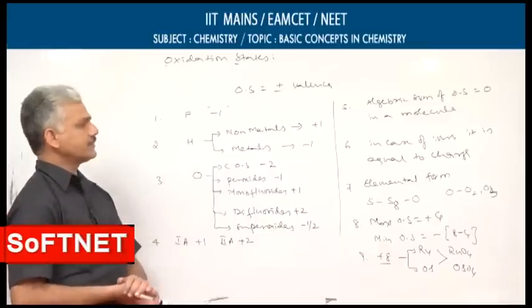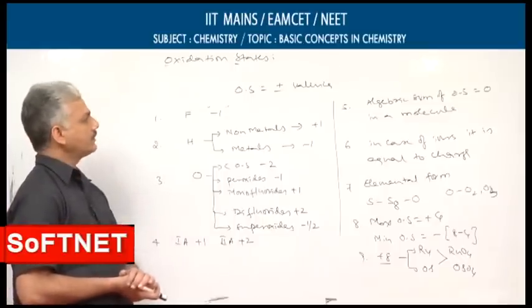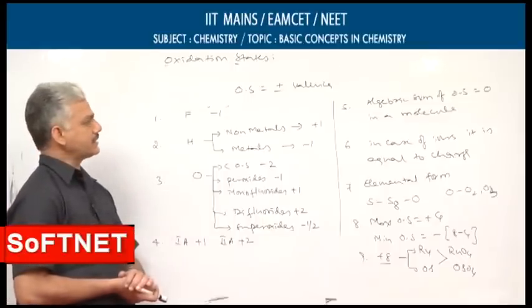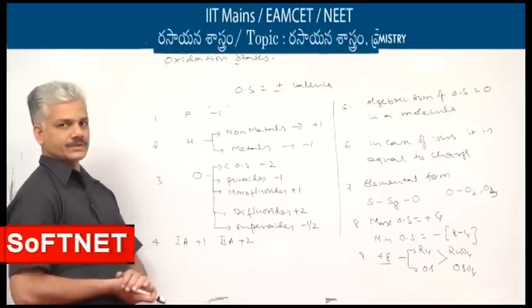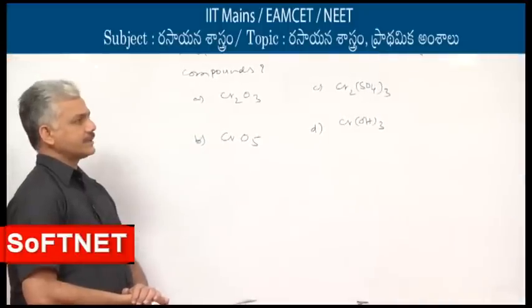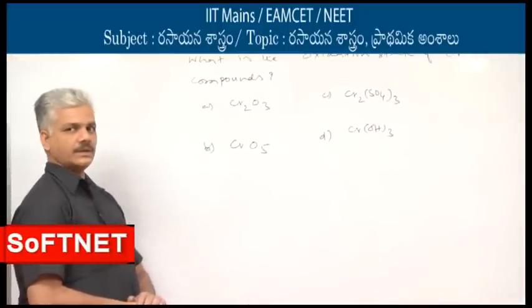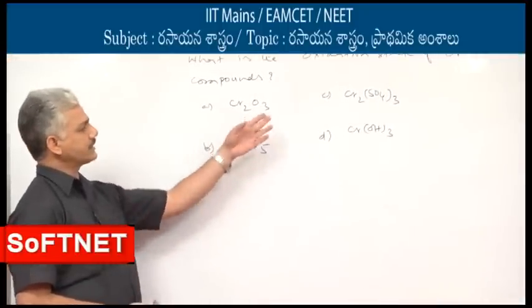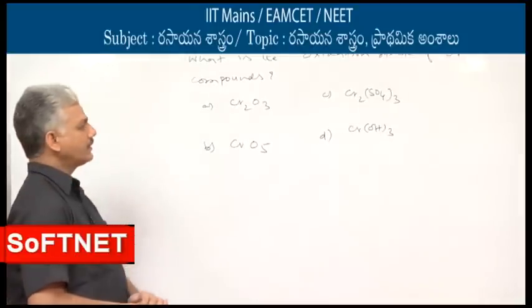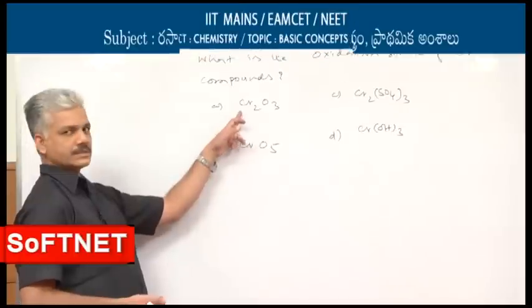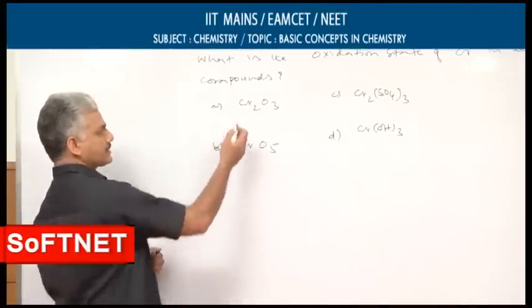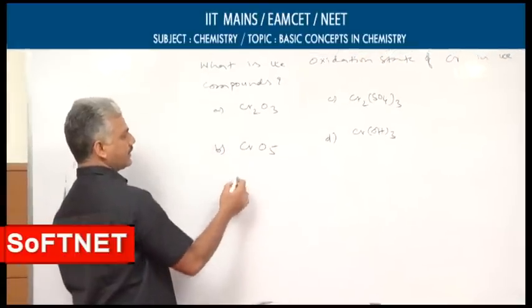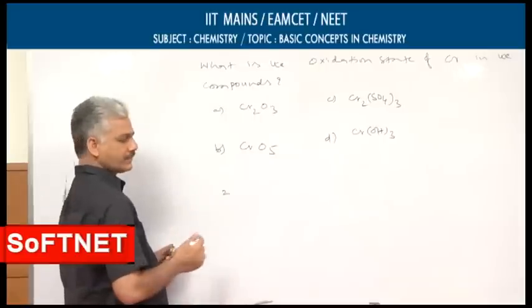Now, by making use of this concept, we have to calculate oxidation states of some of the elements in their compounds. What is the oxidation state of chromium in the following compounds? Few examples are given. Now, in order to calculate the oxidation state of chromium in chromium oxide, we will proceed like this. There are two chromium atoms. We need to calculate the oxidation state of chromium.